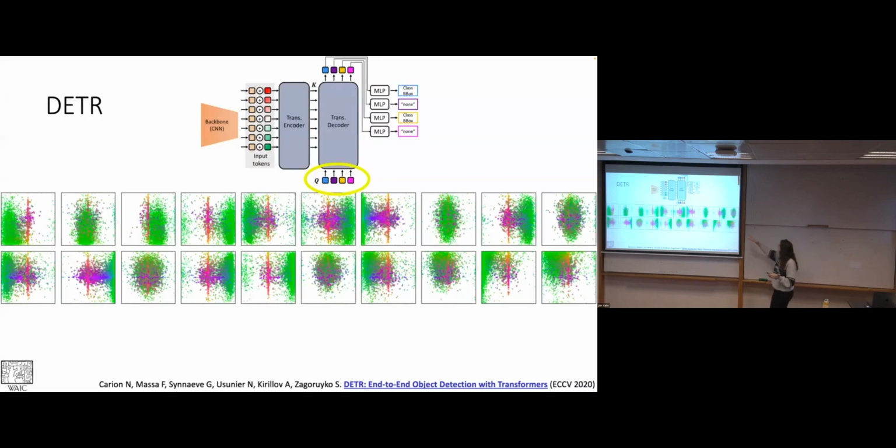And what is plotted here is the center of the bounding box, on the XY coordinates, and the color gives us roughly the size of the bounding box.